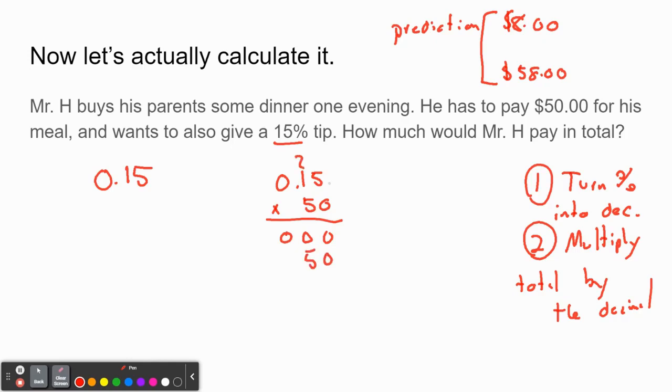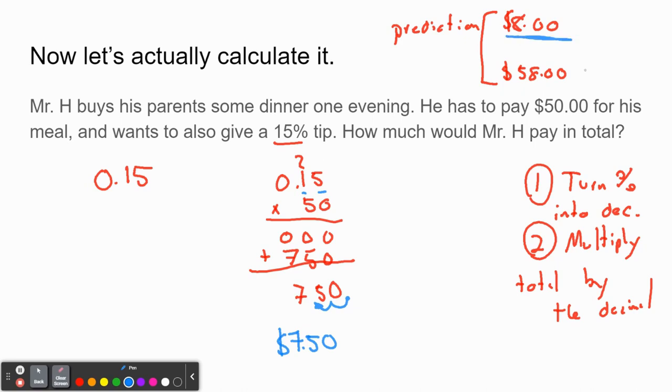It's 25, so we carry the 2. 5 times 1 is 5, plus 2 would be 7. We add these up, we get 0, 5, and 7. Now we have to remember that we had 2 digits after our decimal. So if our decimal is here on the end, I have to move it over twice to there. So we would get $7.50.